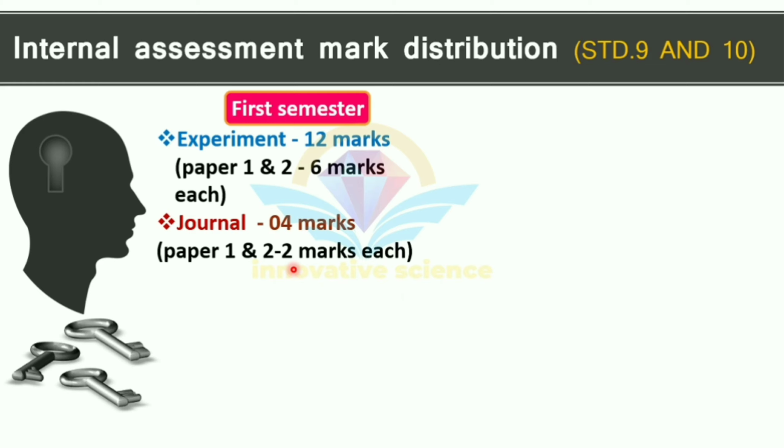One most important point is, kindly notice that you will not be allowed to give the practical exam if you don't have a journal. This way you will miss a total of 16 marks. It is necessary to write the experiments which you perform in the year in your journal.